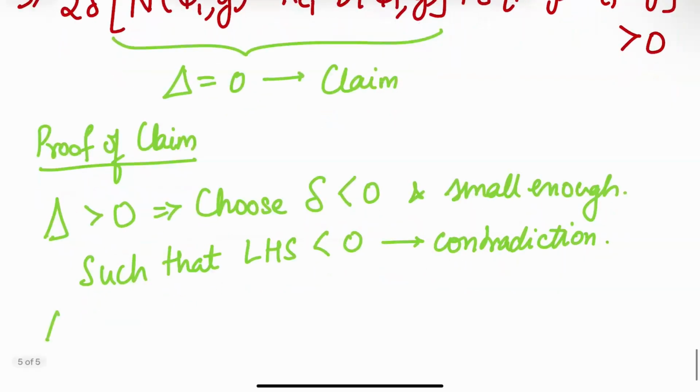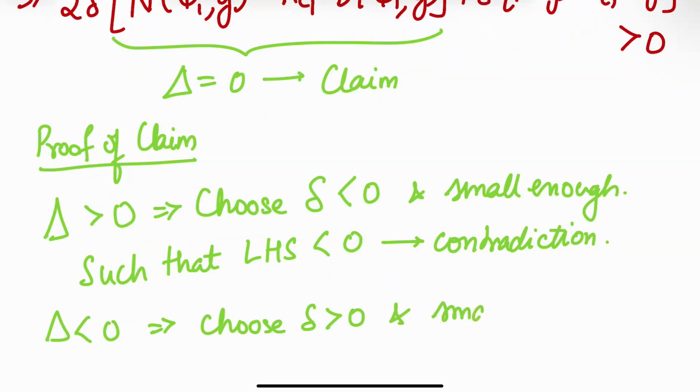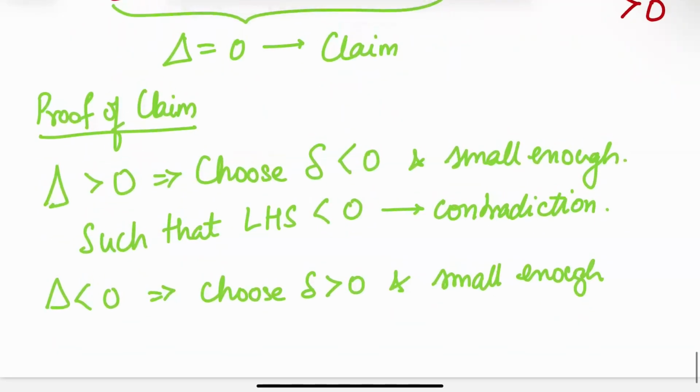The other case: if capital delta is less than 0, then I can choose little delta to be greater than 0 and small enough. Same thing, such that the LHS is less than 0, which is another contradiction.